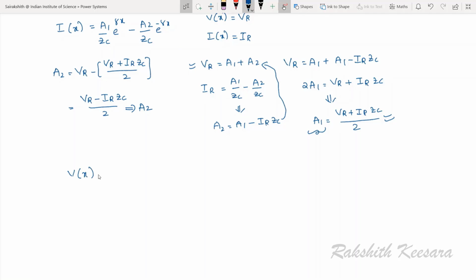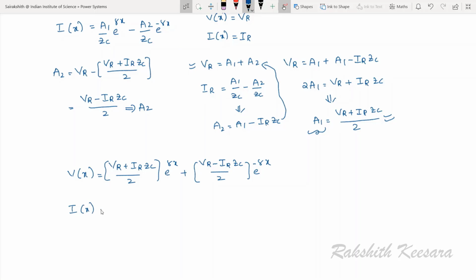V of x is equal to VR plus IRZC by 2 into e power gamma x plus VR minus IRZC by 2 into e power minus gamma x.